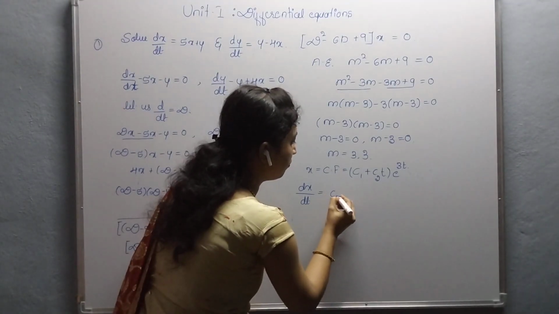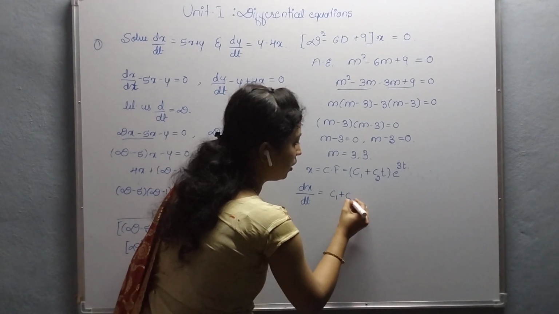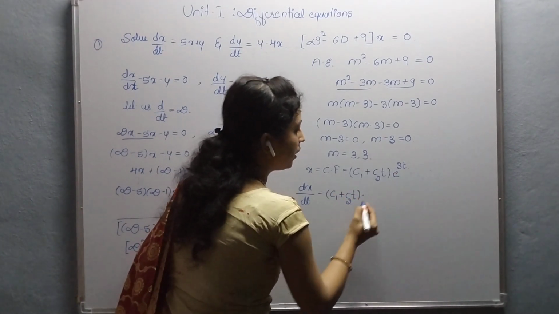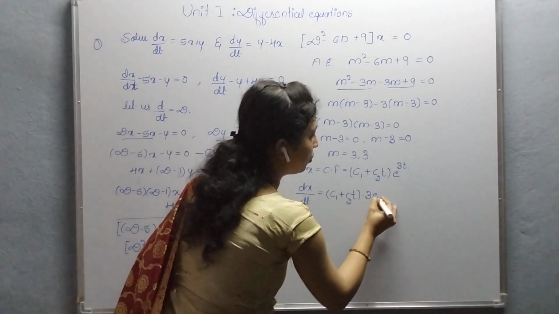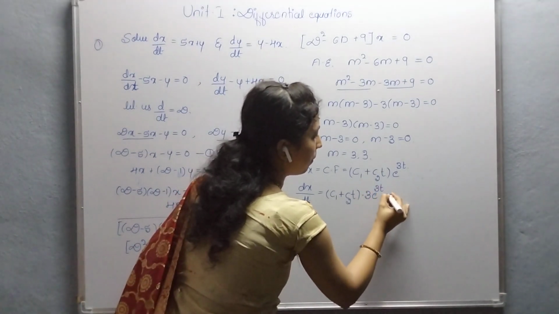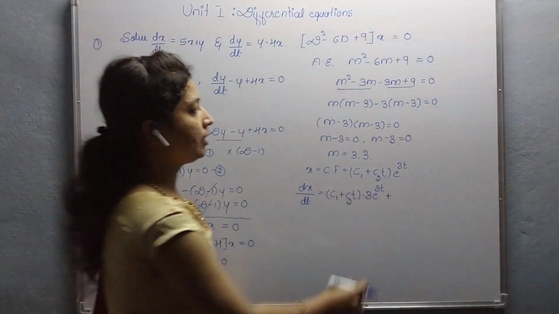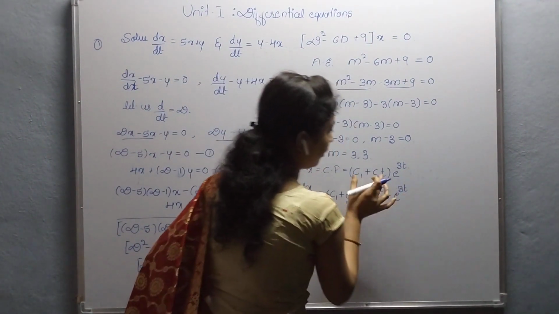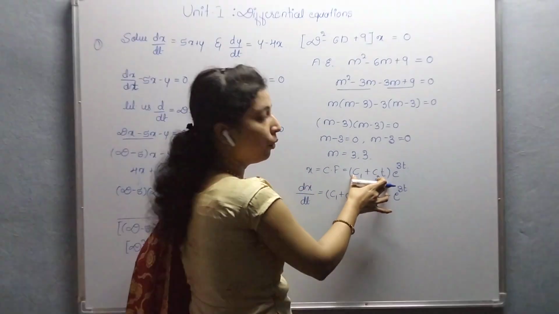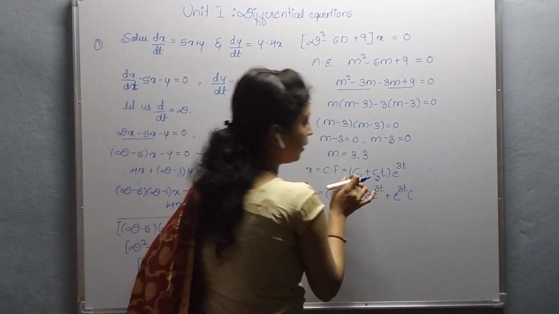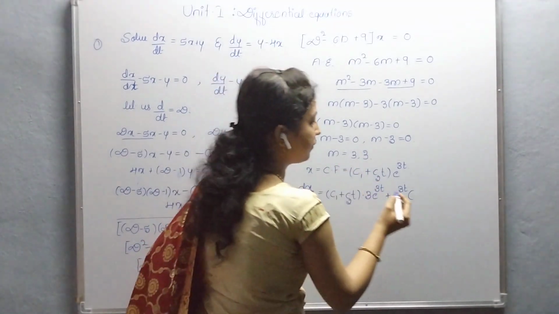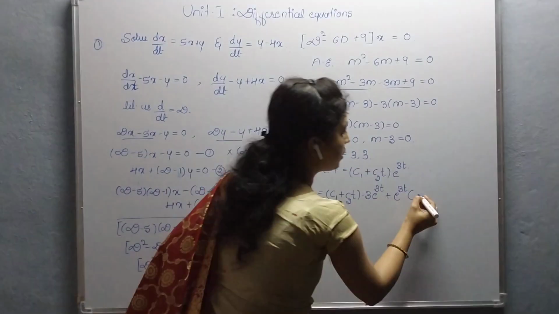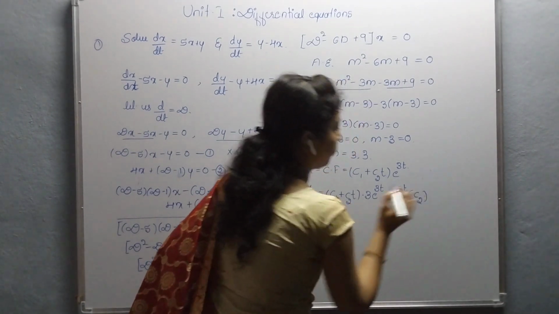So keep u as it is, (c1 plus c2 t) into e raised to 3t, whose differentiation is 3 into e raised to 3t, plus keep e raised to 3t as it is and differentiate c1 plus c2 t. Here c1 is constant, so its differentiation is 0, and c2 t with respect to t is c2.